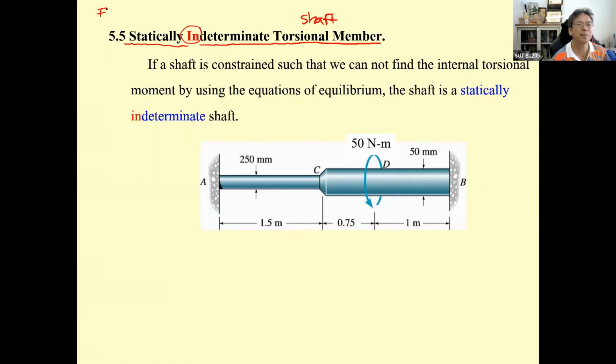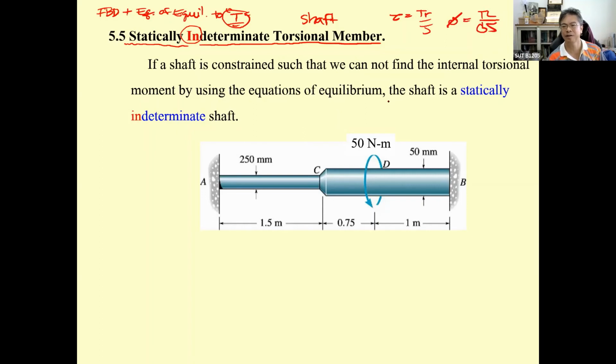You know that from the previous example, we use the free body diagram and the equation of equilibrium to determine the internal torsion, and this internal torsion is used to determine the stress and used to determine the angle of twist. But for this part of this chapter, our structure cannot only use the free body diagram and equation of equilibrium.